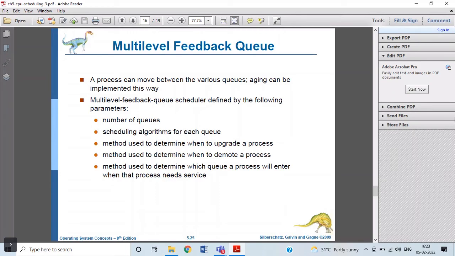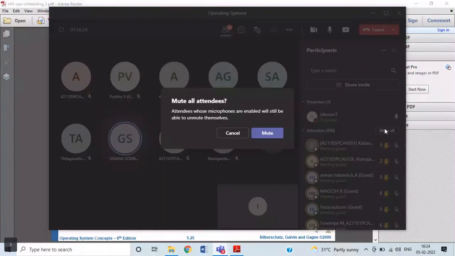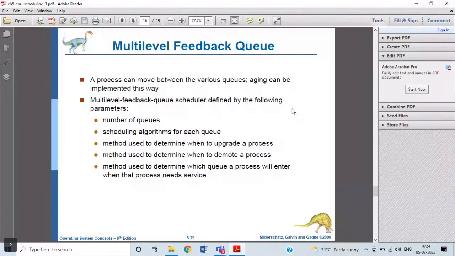So aging can be implemented this way, and the multi-level feedback queue scheduler is defined by the following parameters. Here we can change the priority of a process.